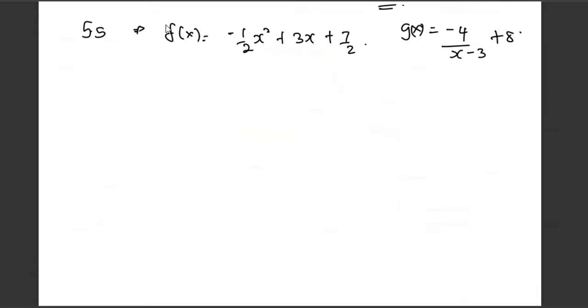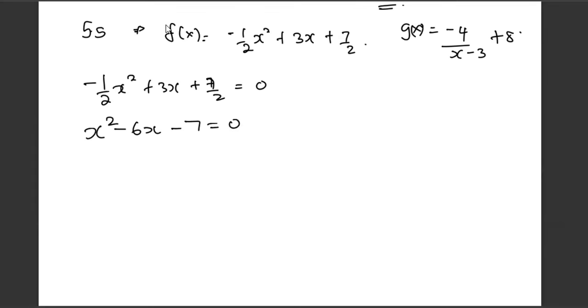We know that for the x-intercept, y must be 0. So negative a half x squared plus 3x plus 7 over 2 is equal to 0. Multiply through by negative 2 because I want to get rid of the denominators. So this is going to be x squared, negative 6x, negative 7 is equal to 0.